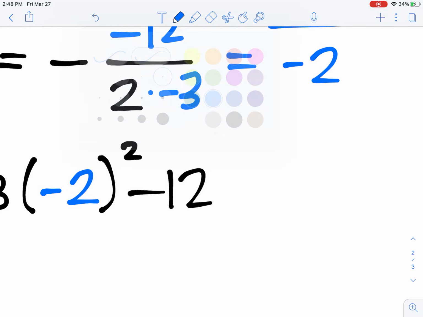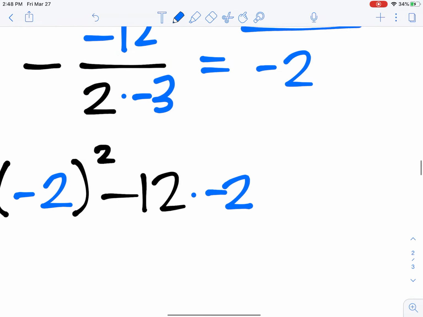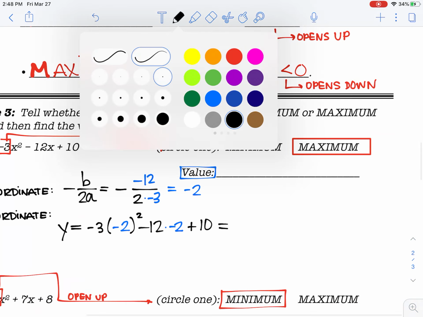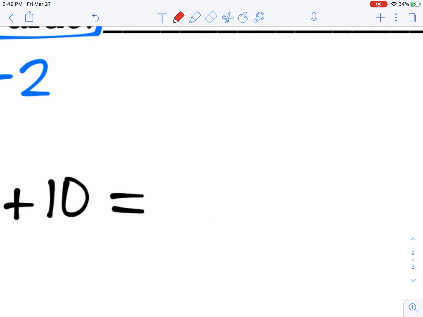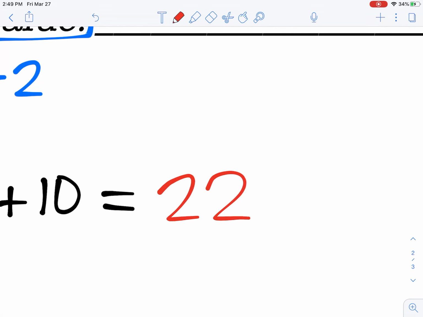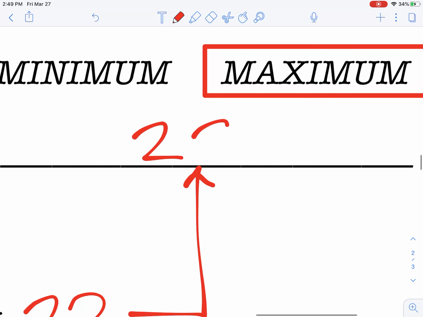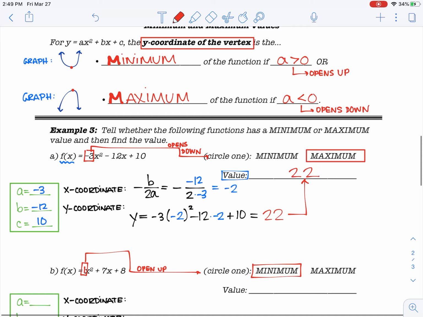Then minus 12 times -2, and plus 10. And I believe this gives us a value of 22. So the value of the maximum for this graph is located at the y-coordinate of our vertex, which for this particular example is 22.